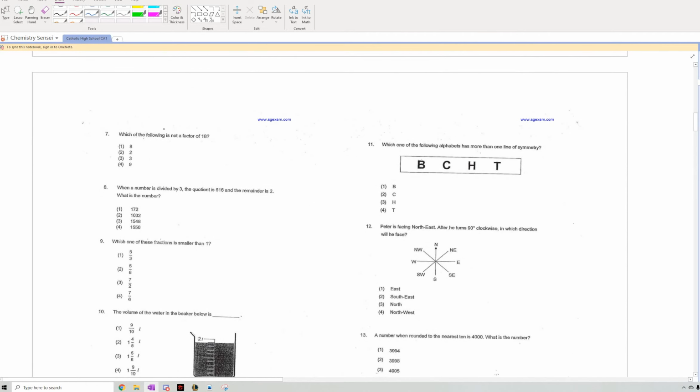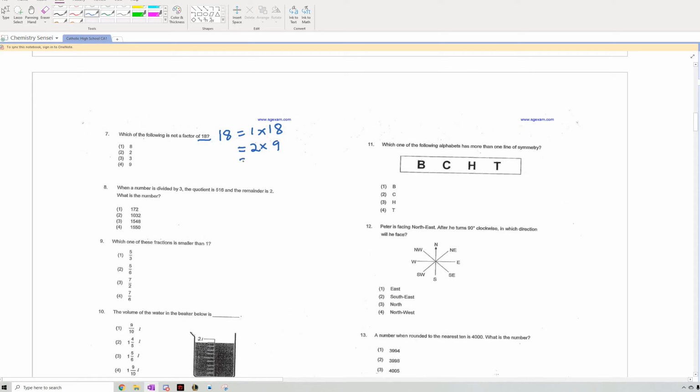Alright, now let us move on to question 7. Which of the following is not a factor of 18? Alright, let's find out the factors one by one. For 18 we have 1 times 18 to get 18. As 18 is an even number, it must have a factor of 2. So 2 times 9 is equal to 18.